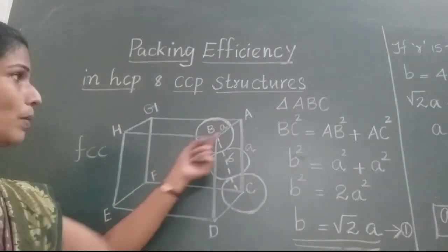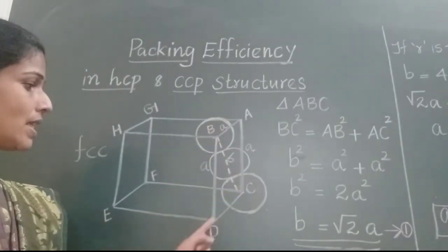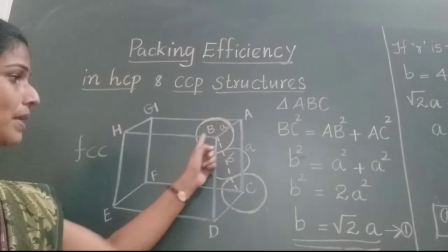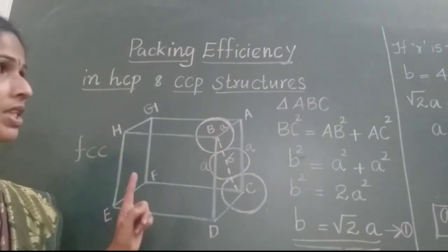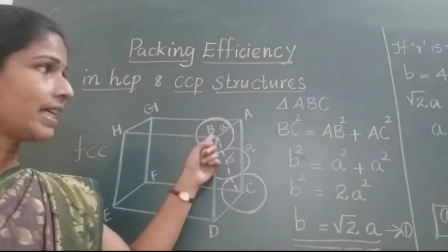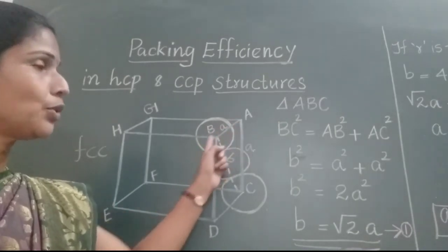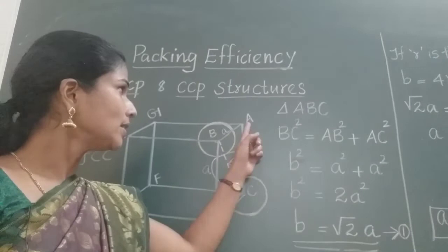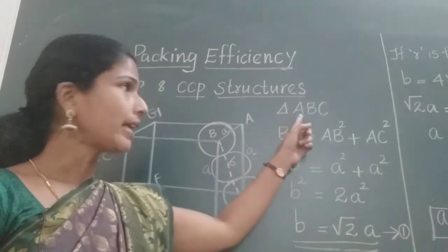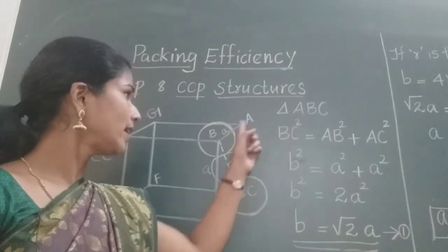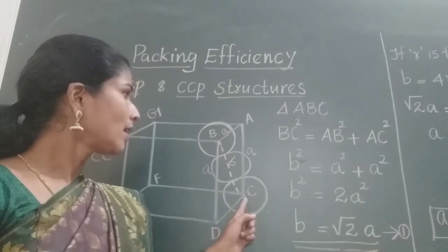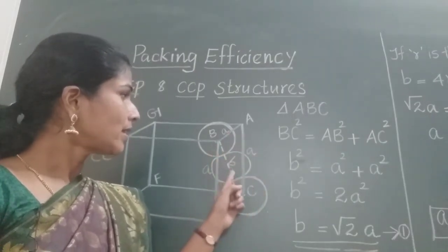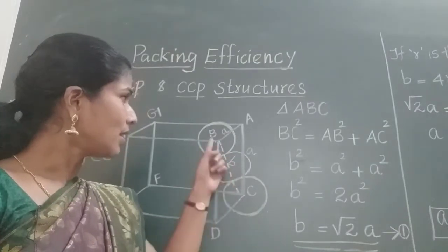Consider a cube ABCDEFGH with edge length a. In a cube all edges are equal, with edge length a. Consider a triangle ABC on one face, with edge length a and the face diagonal b.